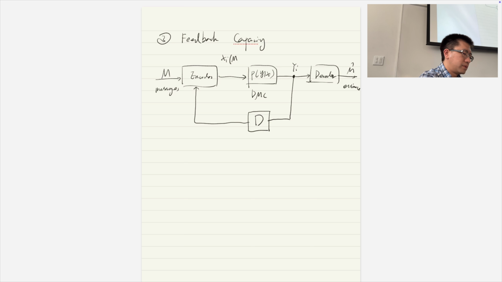But now, besides the message, we also know the feedback information. If we're transmitting xi now, all the outputs in the past will be fed back, so we know all of them. So it's a vector of y^(i-1). We use all the previously fed back information to encode the message.